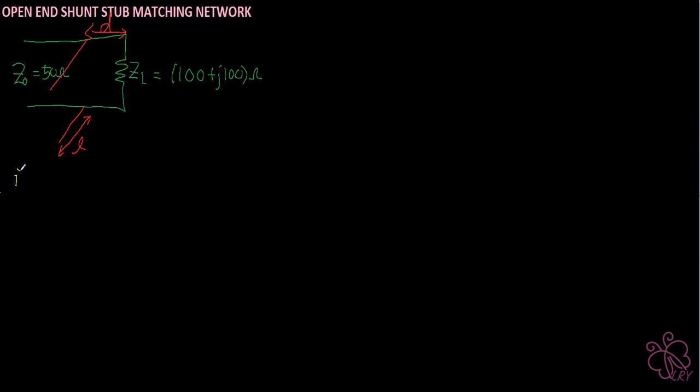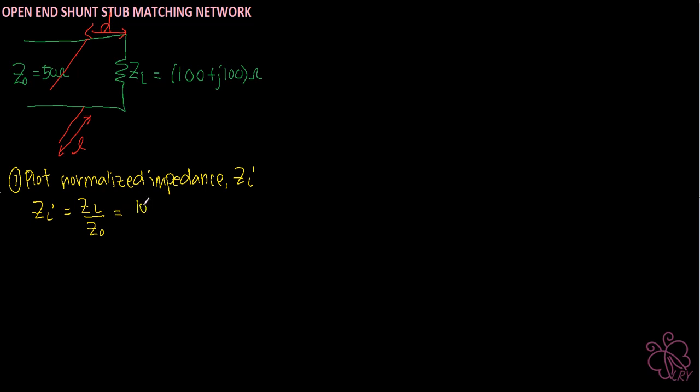Okay, first step we need to do is to plot the normalized impedance, which is our ZL prime. ZL prime equals ZL over Z0, which is 100 plus j100 over 50. So you will get 2 plus j2.